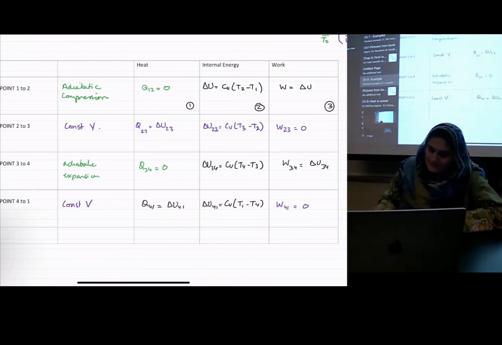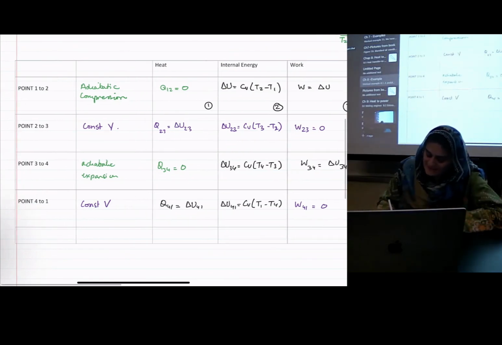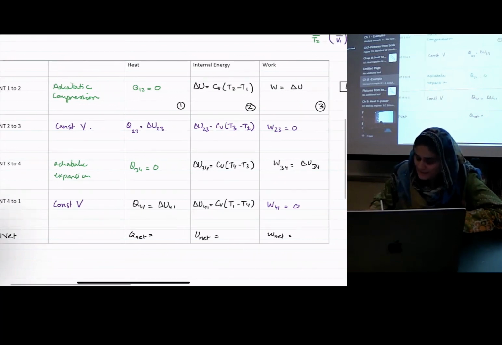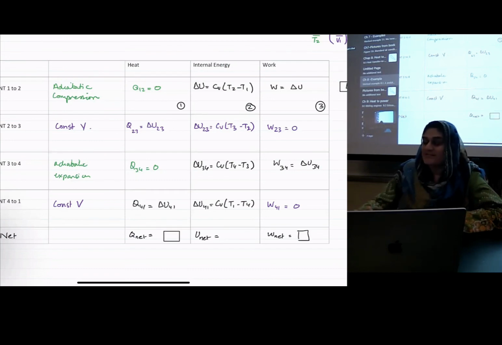So then you can find net for everything: your Q net, your U net, and your W net. You will find that this number and this number are going to be exactly the same, but with one sign being plus and one sign being minus.